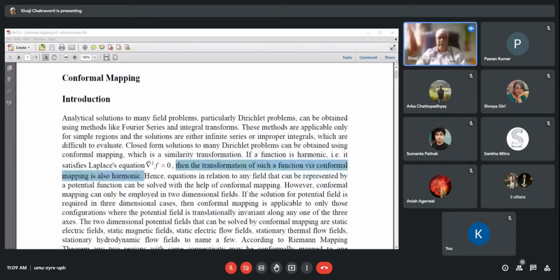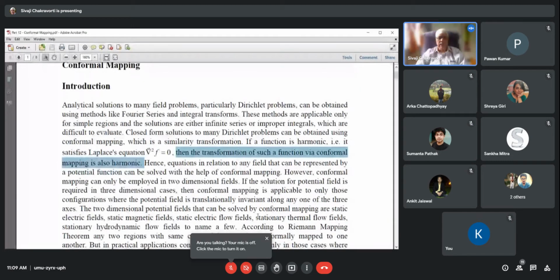Now you can clearly understand that this is important for us. Why? Because we know that electric potential is a function which satisfies Laplace's equation, and we solve this equation to get a solution for electric potential. That is what we are doing in this entire course.